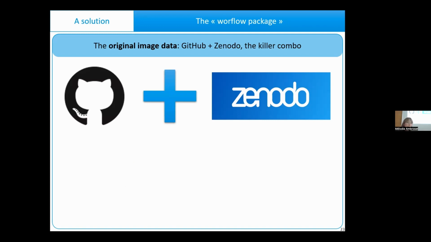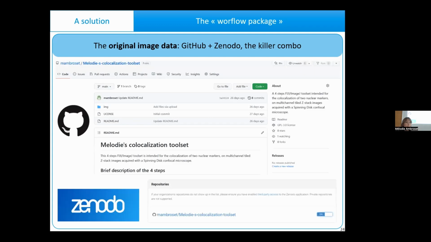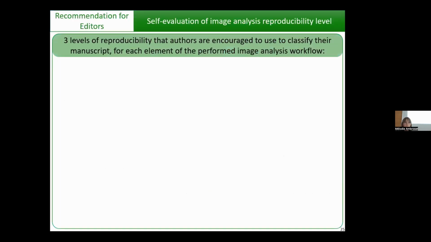And the reason for that is that it gives you a DOI for your workflow package, which is permanent, and which allows you to have stable links for your main paper with access to this package. And I tested the authors' instructions to set it up, and it's indeed super easy. You can follow the instructions, it's super simple.